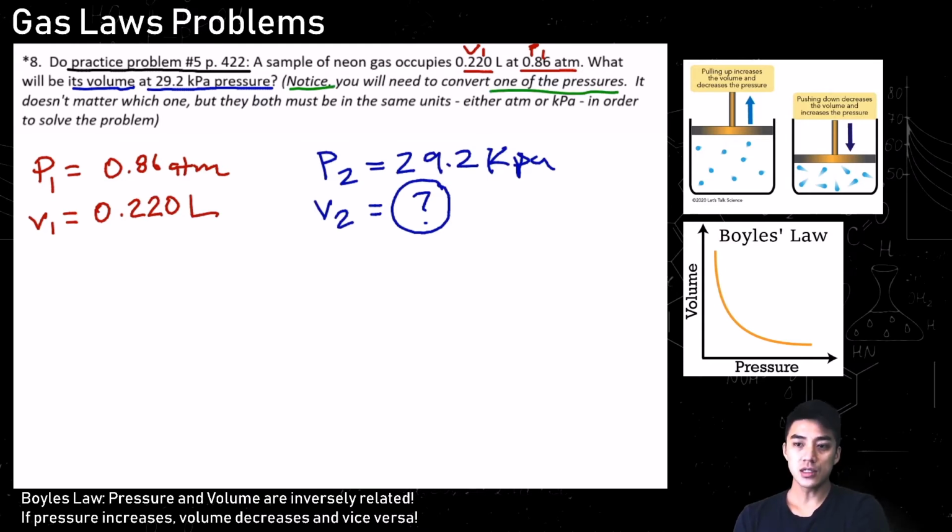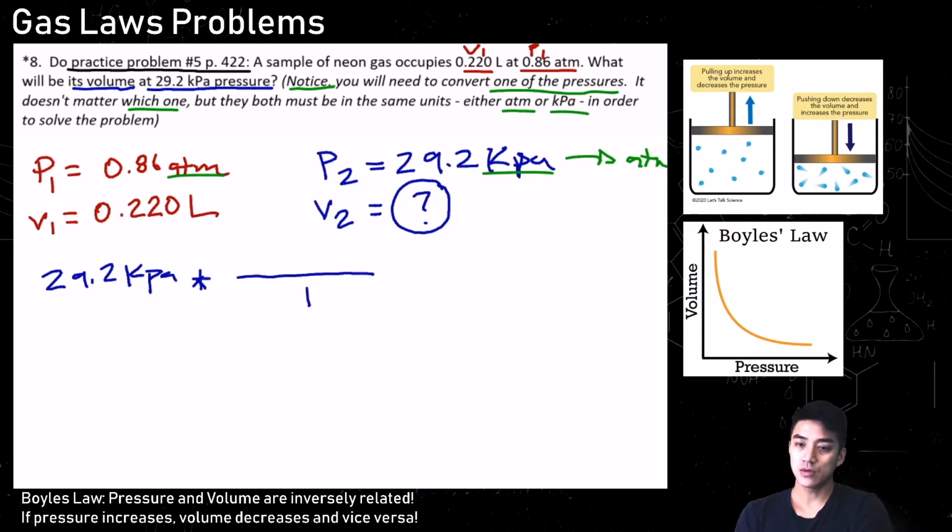And now you need to convert one of the pressures, and it doesn't matter which one, but they both have to be in the same units, either atmospheres or kilopascals, to continue on with the problem. Otherwise the units don't cancel out. So let's just pick one. I'm going to pick P2, and we're going to change kilopascals into atmospheres. I think it's easier working with numbers in atmospheres, but really it's all a matter of preference, and we know how to do conversions.